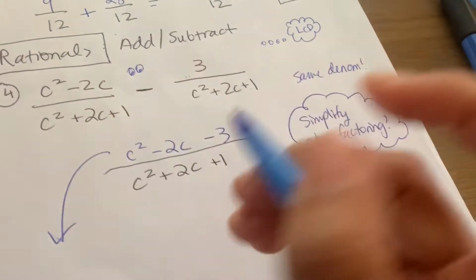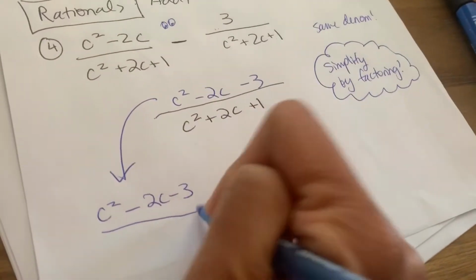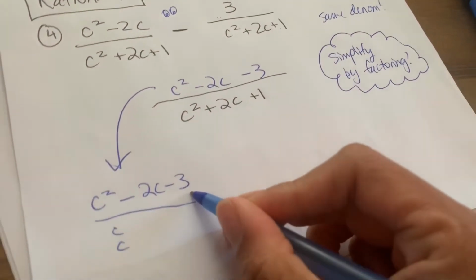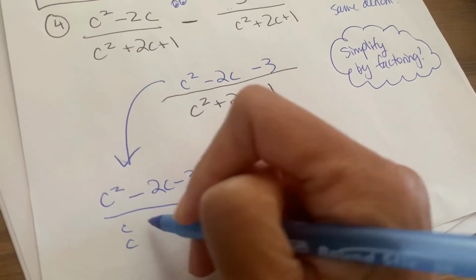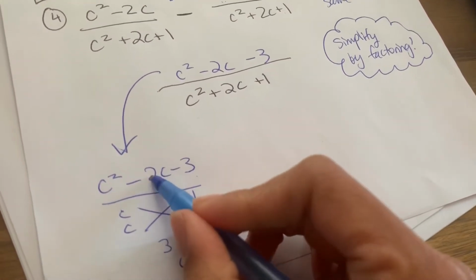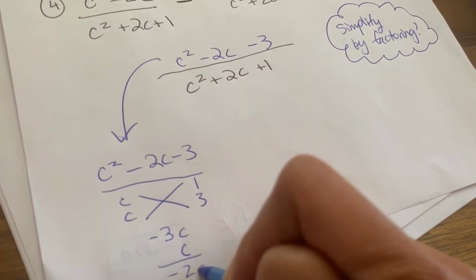Looking at the top, c squared minus 2c minus 3, if I factor that, c times c gives me c squared. Two things that give me 3 are 1 and 3. Cross multiply, I get 3c and c. I need a negative 2c, so I subtract to get negative 2c.